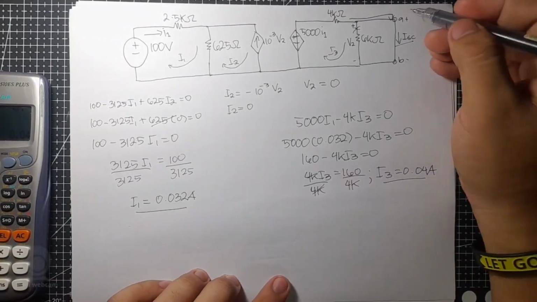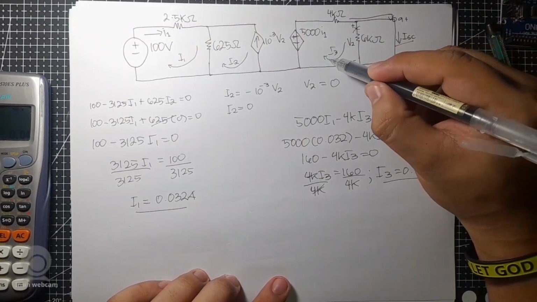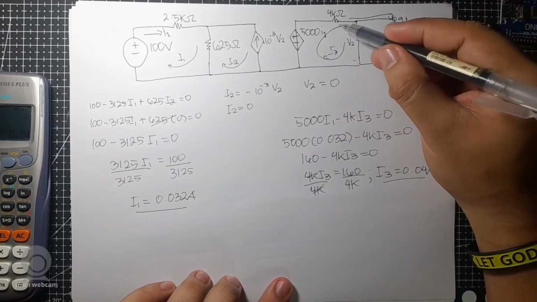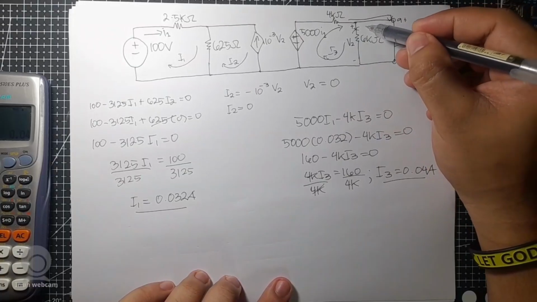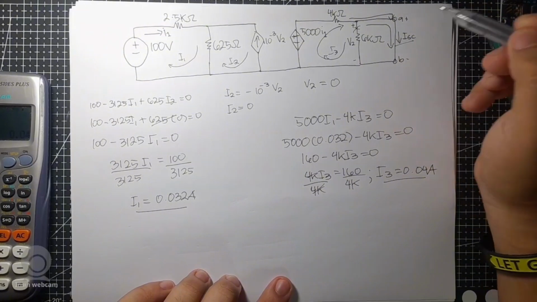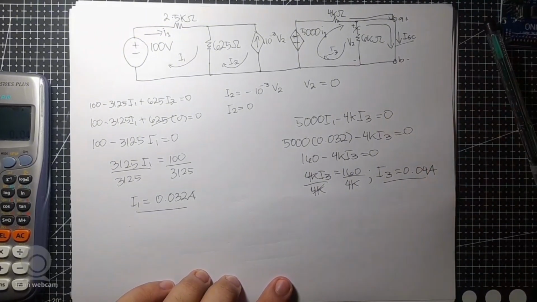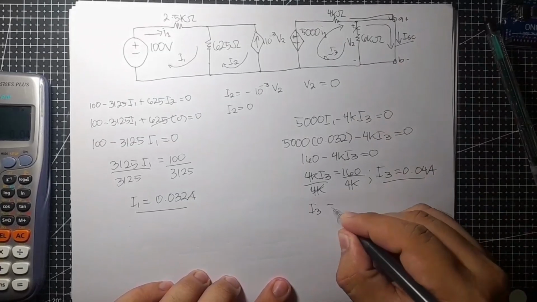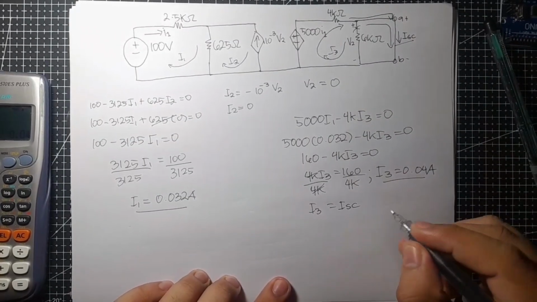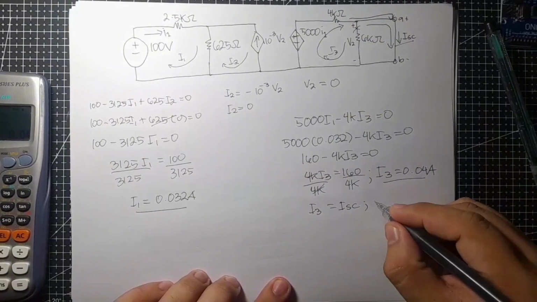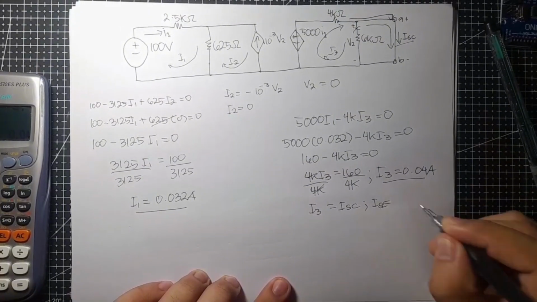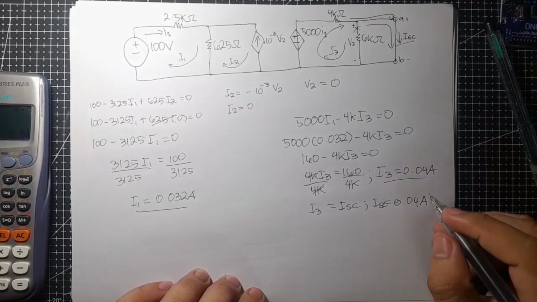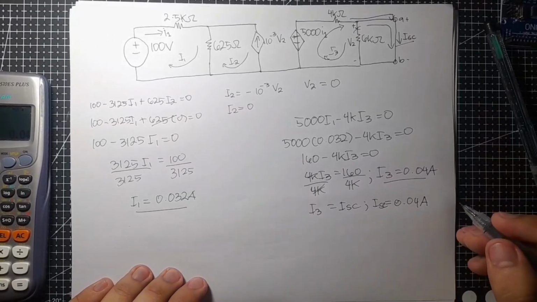So you can see that the direction of I3 is clockwise and the direction of ISC is also clockwise. So we can equate I3 equal to ISC, which is 0.04. So we can find now the RTH.